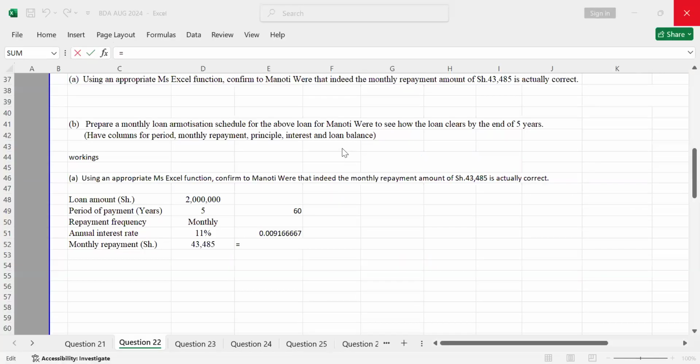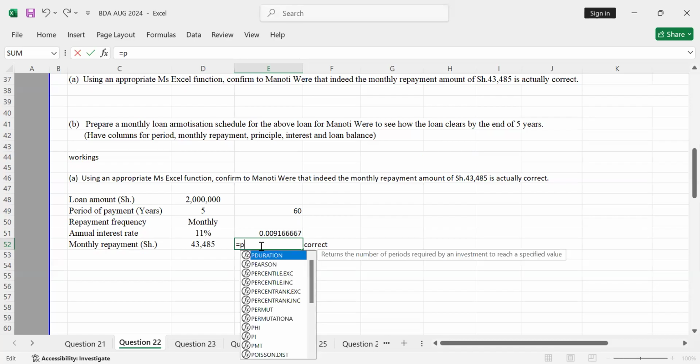All right, sorry for that. Let me repeat again. As I've said, we are looking for the installment payment, the equal amount that is to be paid each month until the end of the last month, which is our 60th month. And to get the installment payment here, you type PMT, equals PMT.